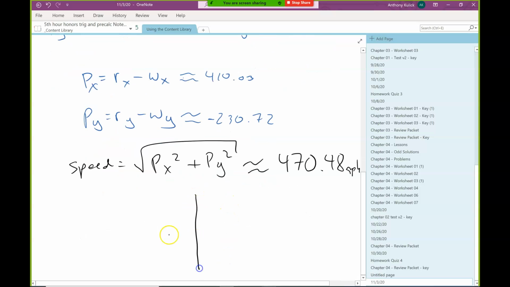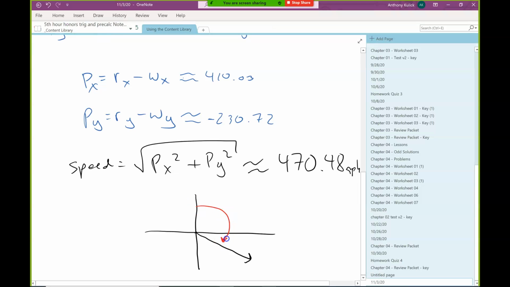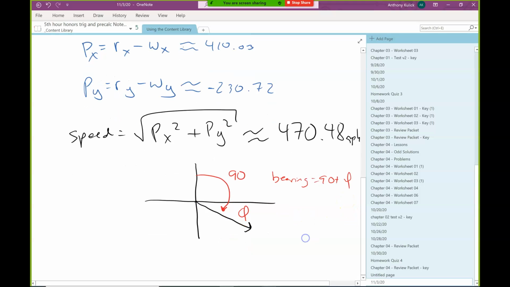Bearing, I'm going to go ahead and plot the point 410, negative 230 somewhere. And if I'm looking for a bearing, looking for this angle, I know that part is 90, and this part that's being drawn back to the x-axis is my phi. So my bearing is going to be just 90 plus phi, where phi is always tan inverse of, in this case, the absolute y component over the x component.